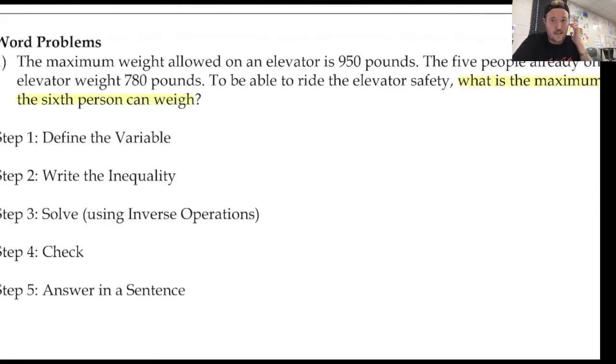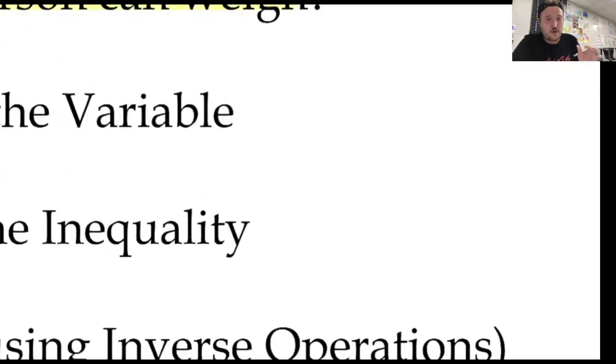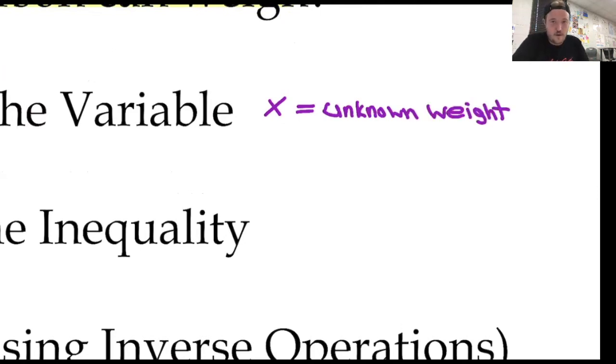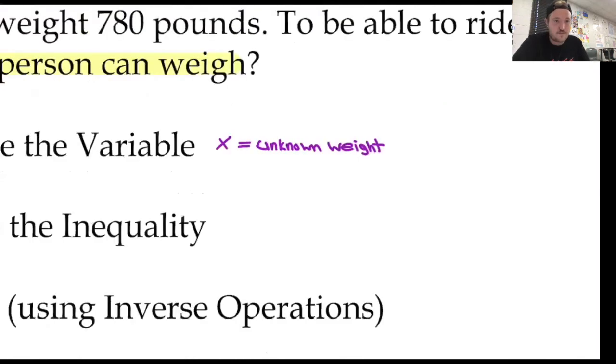So we're looking at weight. So I'm looking for an unknown weight. So I'm going to say x equals the unknown weight, or you could just say weight, same difference.